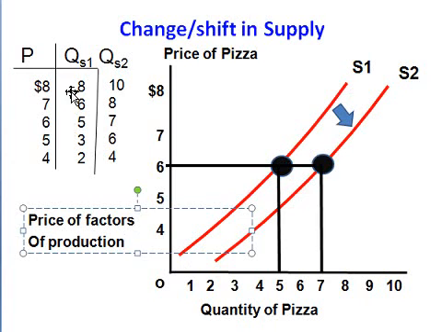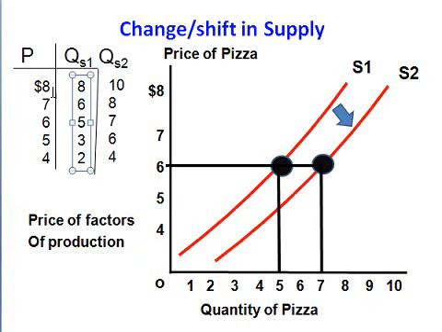Okay, so I can give an example. Suppose when the price is $8, the supplier is supplying 8 pieces. Now the price of the oven drops. As a result, the cost of production goes down, and profit goes up.